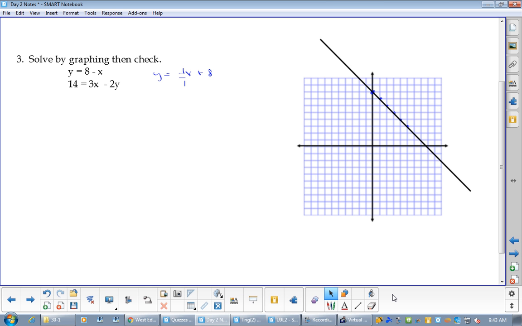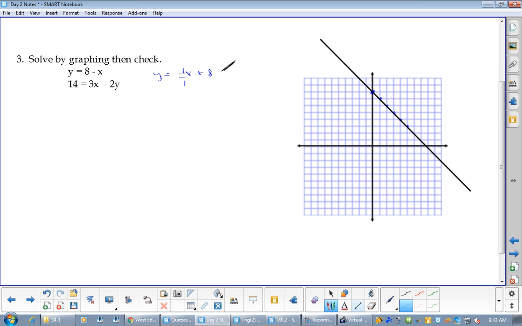Okay, so I'm going to just draw, oops. So that's my black line. Oops, put it in black. Yeah, that's my black line right there.